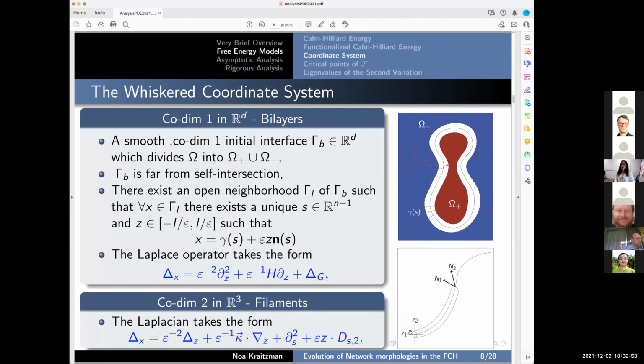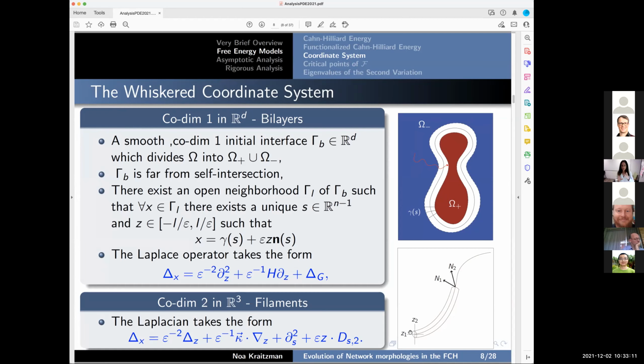Okay, to analyze the functionalized Cahn-Hilliard, we need a suitable coordinate system. So we introduce the whiskered coordinate system. We assume that we have a smooth codimension 1 interface gamma, which separates omega into omega plus and omega minus. We assume that it's far from self-intersection.